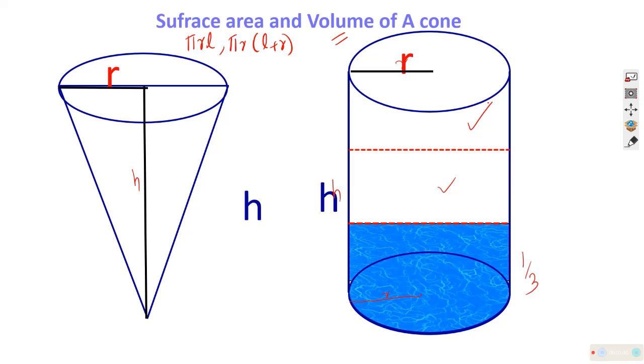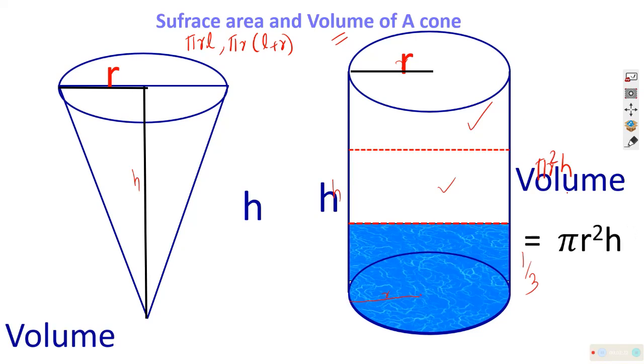From that, we already know the volume of a cylinder is calculated by the formula pi R square H. Alright. So, this will be 1/3 of it. We have to take 1/3 of pi R square H. So, what happened?